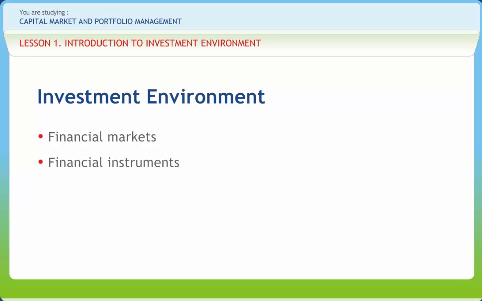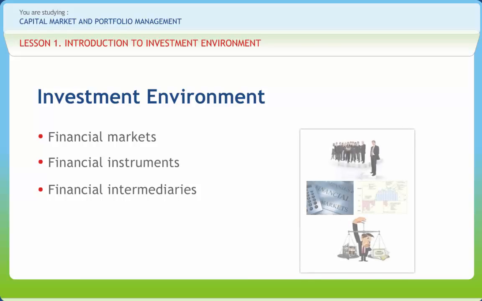It can be classified in different ways, such as money market instruments, which includes money market, treasury bills and commercial papers, etc., and capital market, which includes equity share, bond and debentures, etc. Third is financial intermediaries, which perform the intermediation function. That is, they bring the users of funds and the suppliers of funds together.